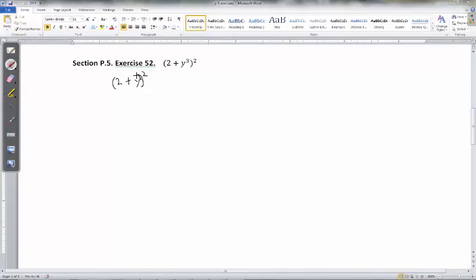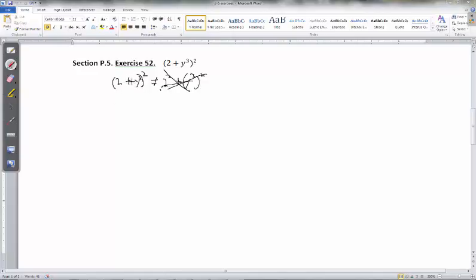And the thing to remember is that exponents do not distribute across an addition or a subtraction. This is not equal to 2 squared plus y cubed squared. Both of those terms will appear in my final answer, but there are other terms as well. So that is not the result.